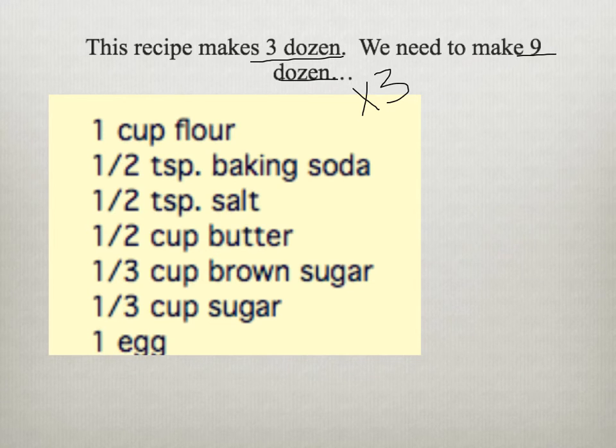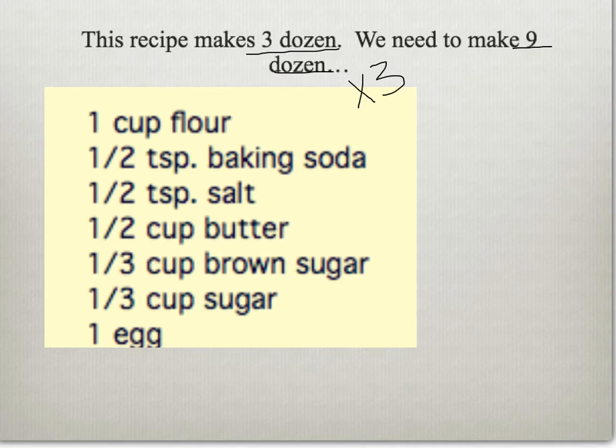Alright, so hopefully you paused the video. Let's do some multiplying. 1 cup of flour times 3 will give us 3 cups of flour. Half of a teaspoon of baking soda times 3.